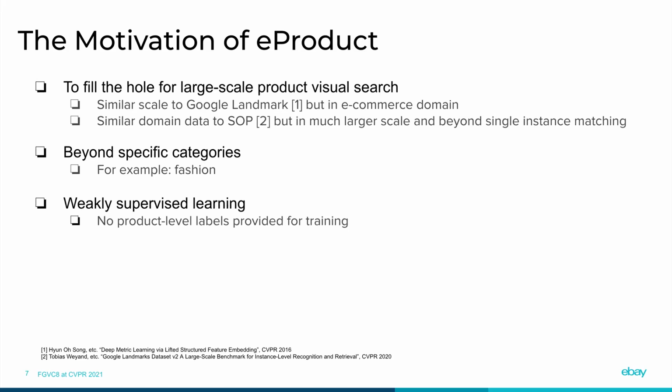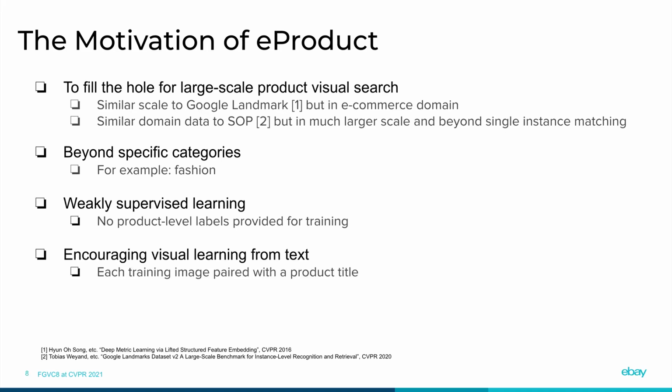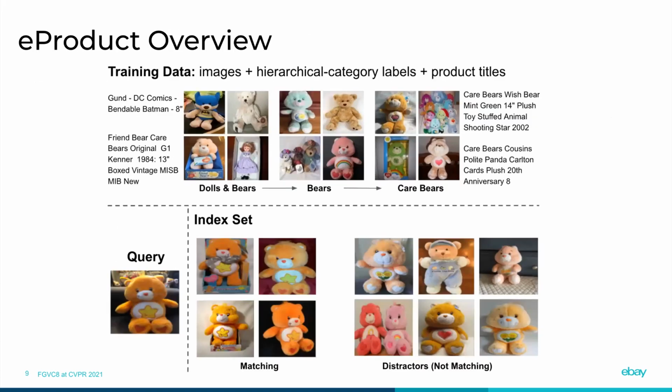The configuration of eProduct is designed to encourage research in weakly supervised learning and visual learning from text, because product level labels won't be provided for the training data here. Each training image is paired with a product title alongside the coarse level category labels.